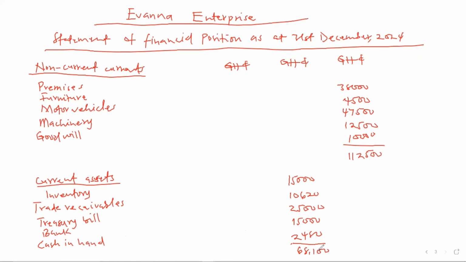So now we move on to get our current liabilities. So what we are going to do is we will add all our current liabilities and less from this current assets to get our working capital. We can also decide to add this current asset to our non-current asset to get our total assets.